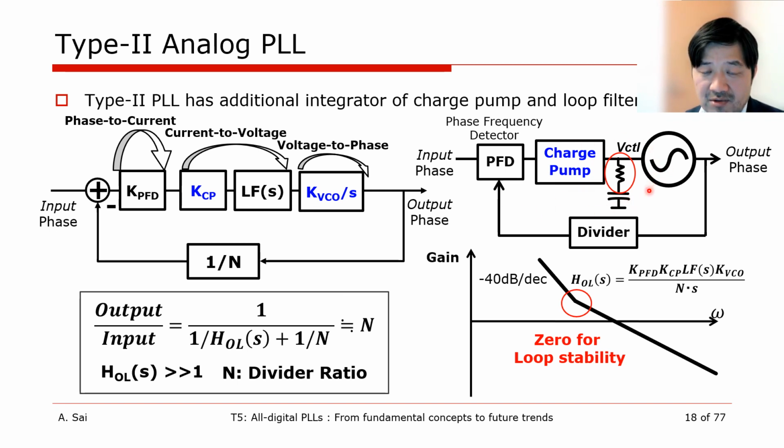It's classified into type 1 and type 2 according to the number of the origin poles. If type 2 is closed loop as it is, it will oscillate without phase margin. So stability is maintained by inserting the 0 point implemented by the resistor in the loop filter.